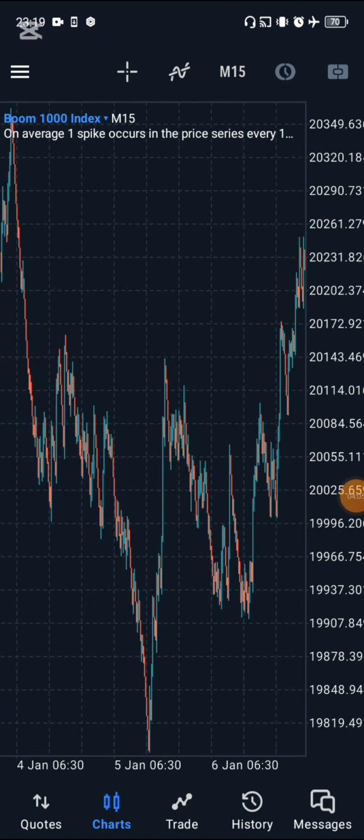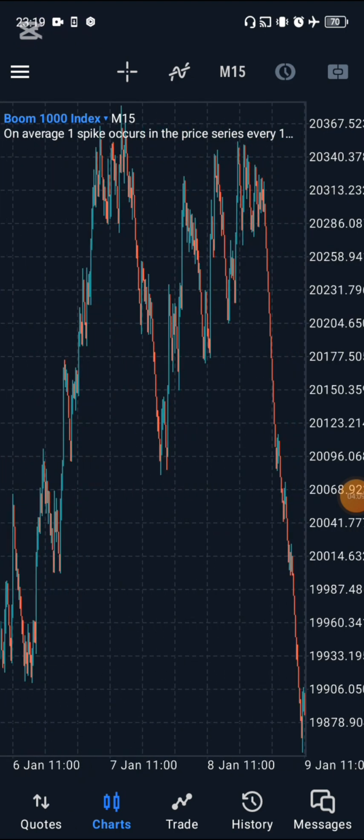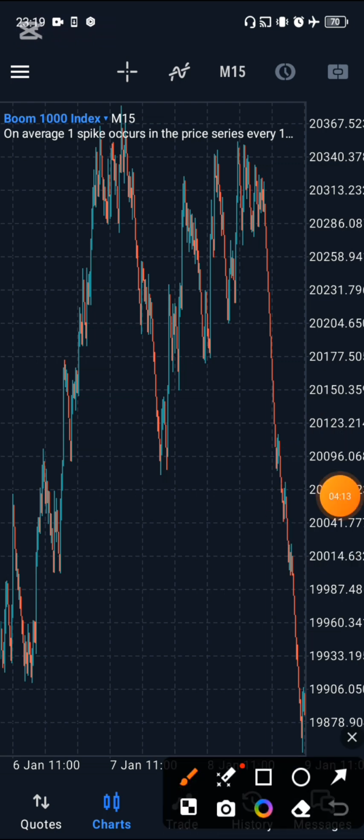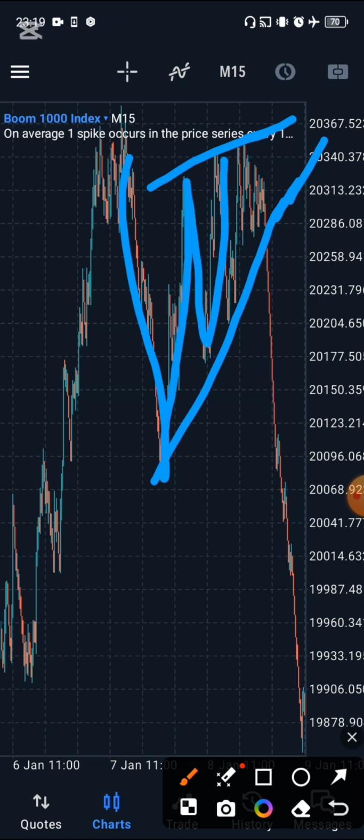Most of the time, especially for the wedge that I was showing you, like this over here, this is an example of a wedge. As you can see, we've got this impulsive move to the downside, and we are moving in a slowing down manner.